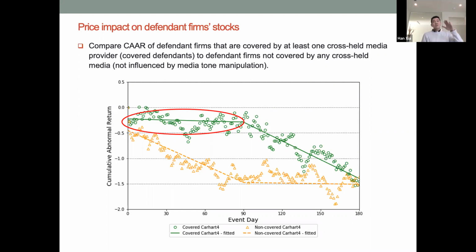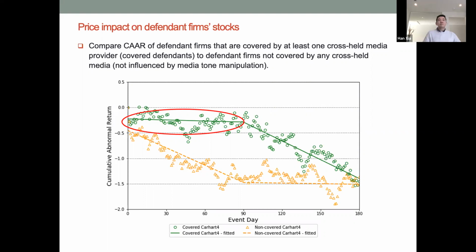The green line represents the defendant firms that are covered by at least one cross-held medium, which means that they are potentially subject to this pumping strategy, this tone manipulation. As the benchmark, the yellow line represents the firms that are not covered by any cross-held medium, so by definition they are less subject to the medium tone manipulation.